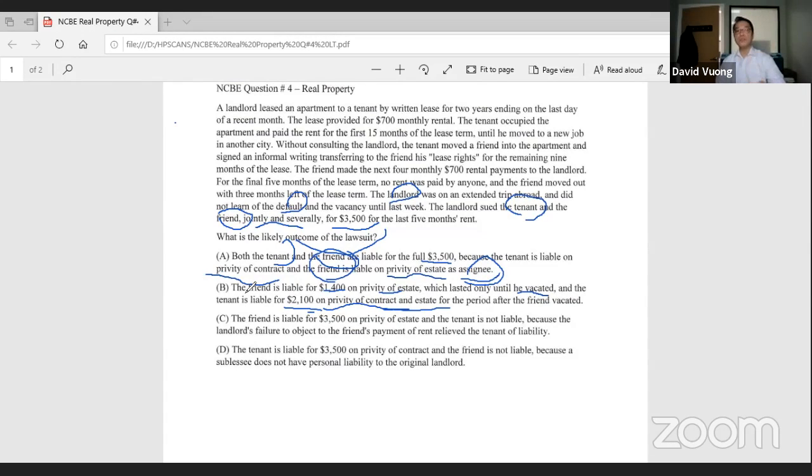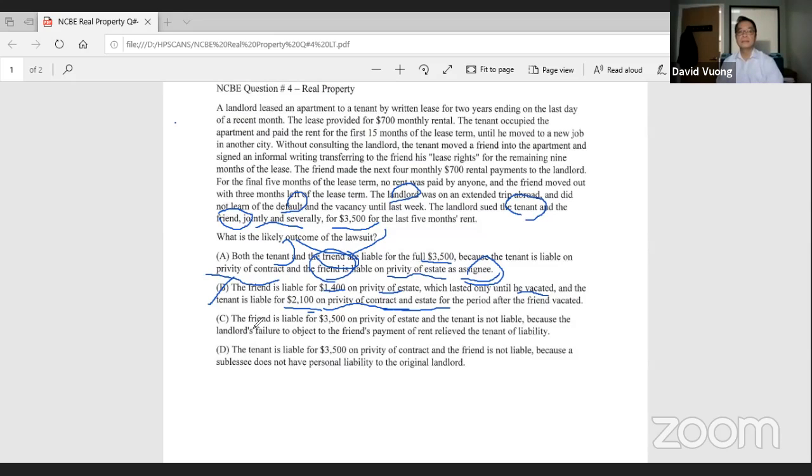It only tells you that you can get $3,500. Here, B breaks it up and assigns numbers. That is not how jointly and severally liable works. So B is contradicting the definition of jointly and severally liable. So B is wrong. Okay, so we can strike one without even reading the facts.